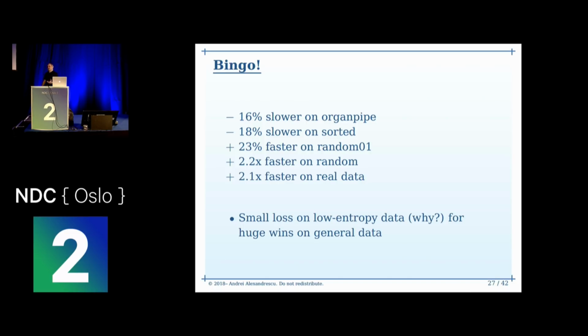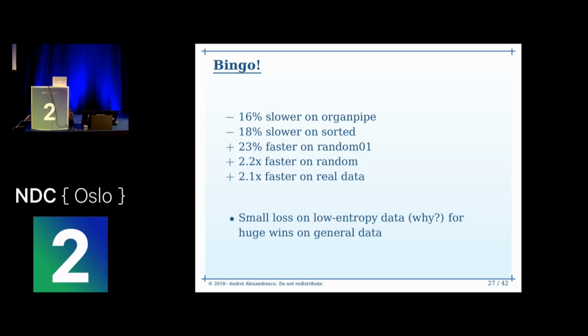And my question to you is, why did I get a loss in performance on organ pipe? Why did I get a loss on sorted? Why did I get a huge win on random data and on real data? Yes, please. There's no difference in inlining.